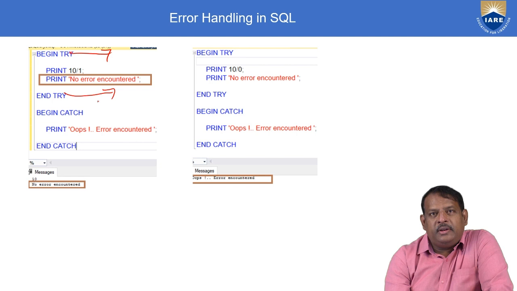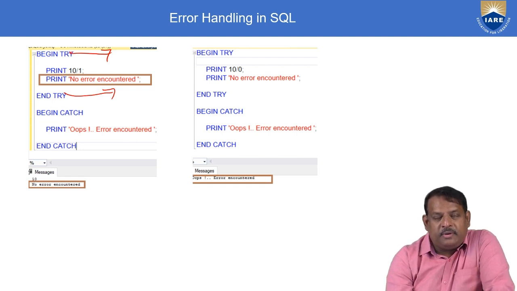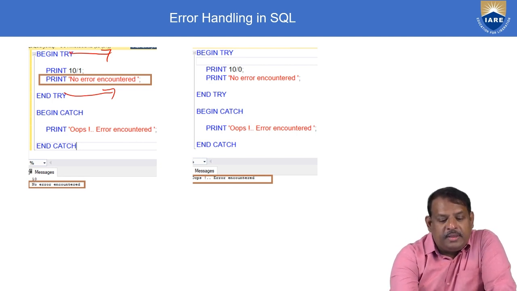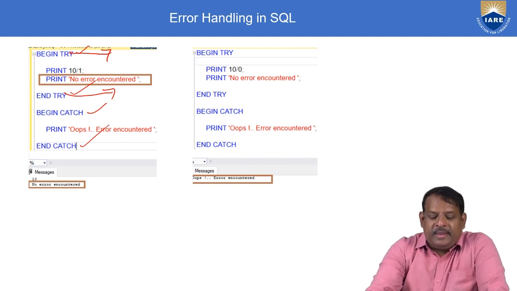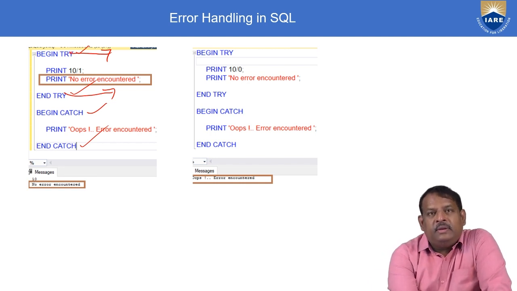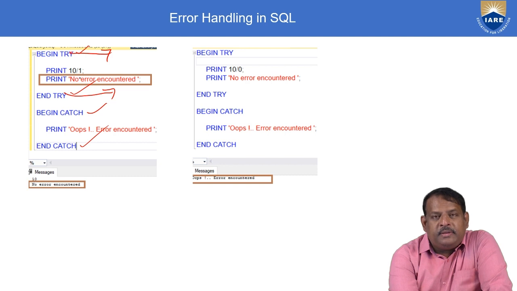So there will be a try catch block. For every try, there is a catch. So begin try, end try. Similarly, begin catch and end catch. Here what we are doing is trying to divide 10 by 1, so you are going to get a valid number. 10 divided by 1 is 10.